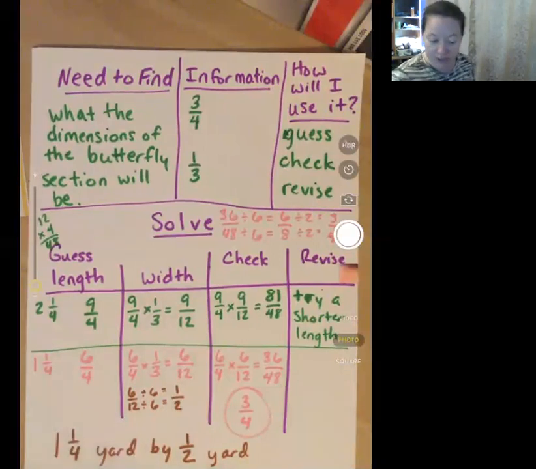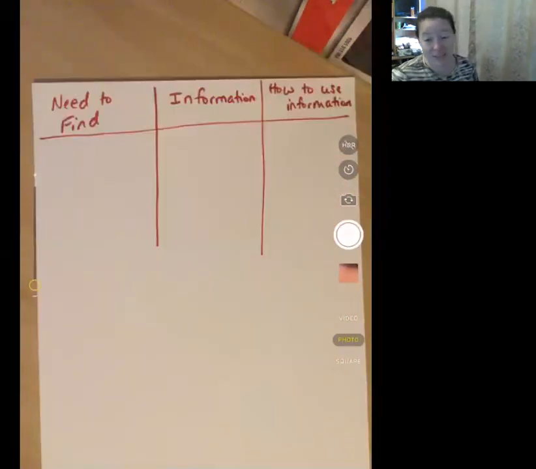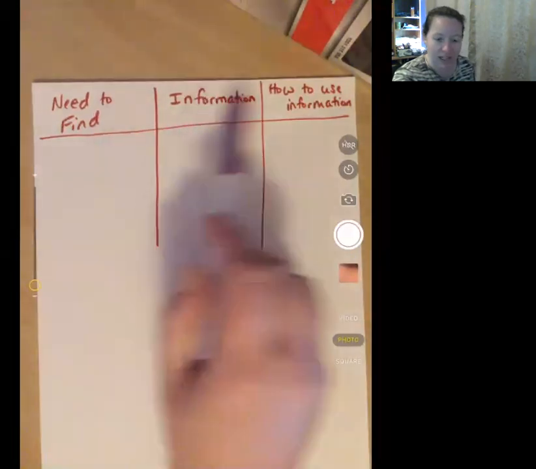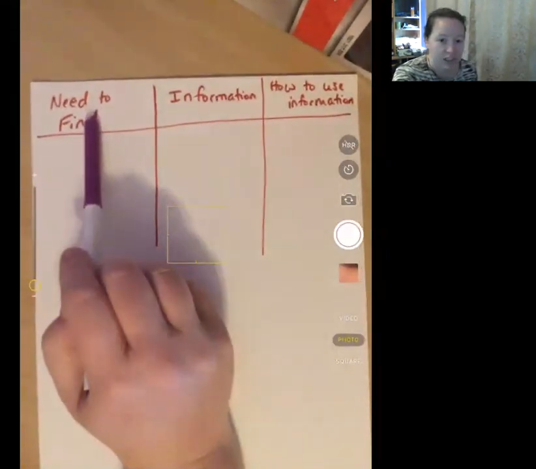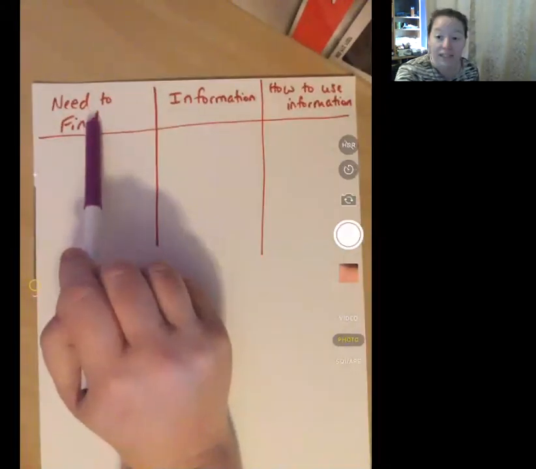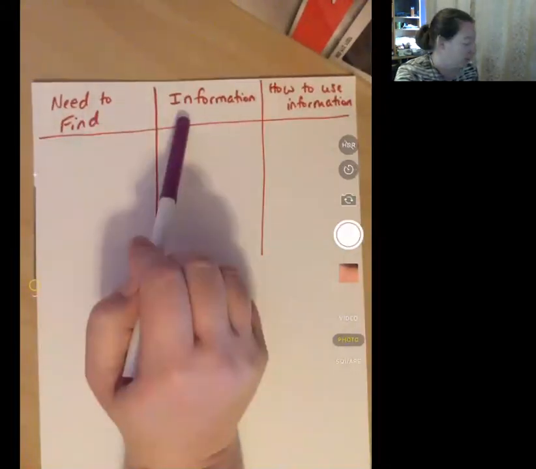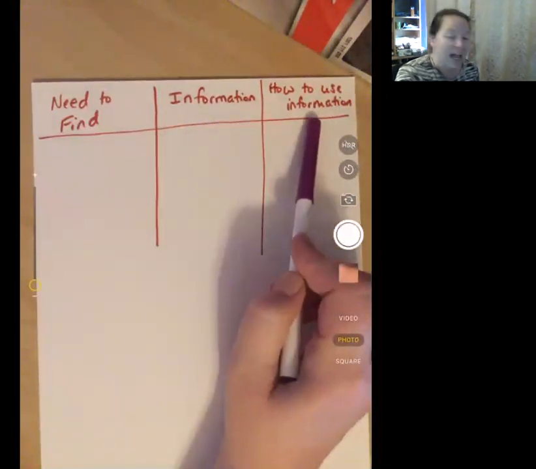Let me get the next paper for it. Just a sec. Okay, so you'll remember I don't like how these are set up. They sit here. This is actually what do I need to find? This one is actually what information do I need to use? And this one is actually how will I use the information?